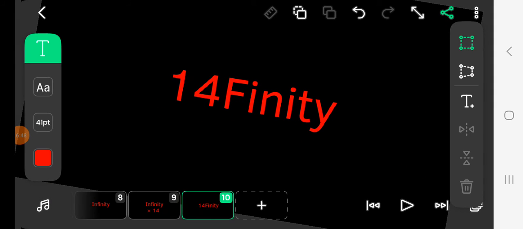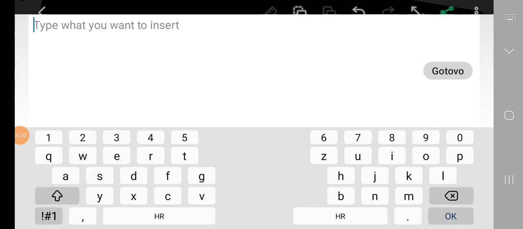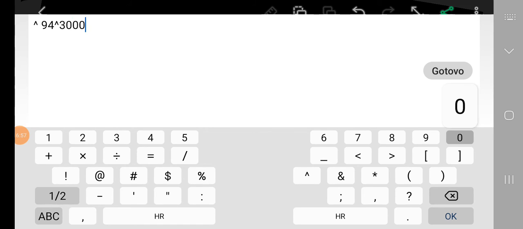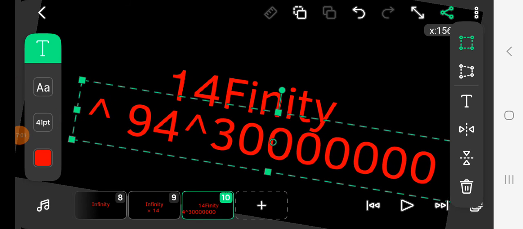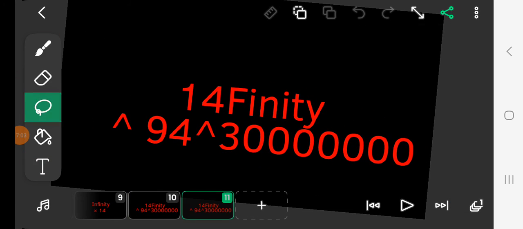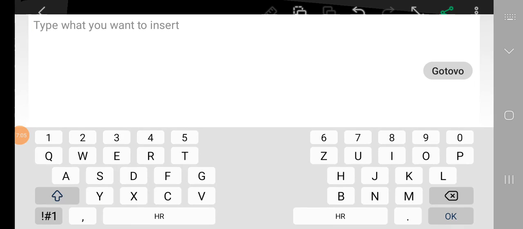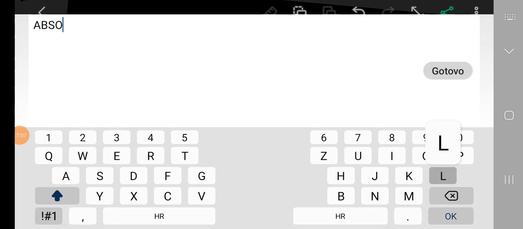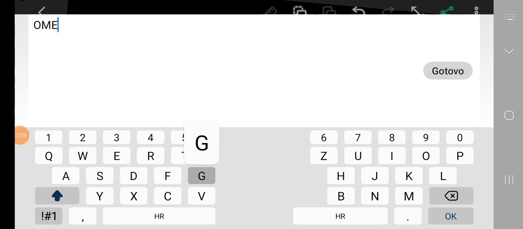It should be right. And 14 infinity to the power of 94, to the power of 94 to the power of 30 million. This number right here should give us approximately a total of omega right here.